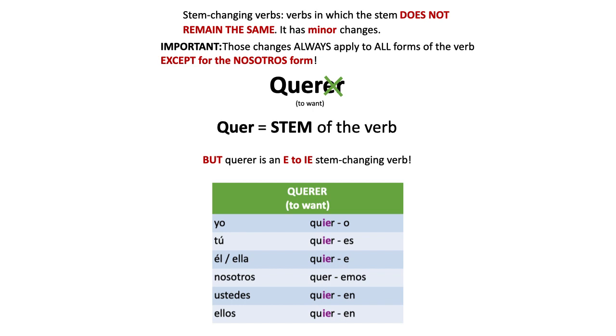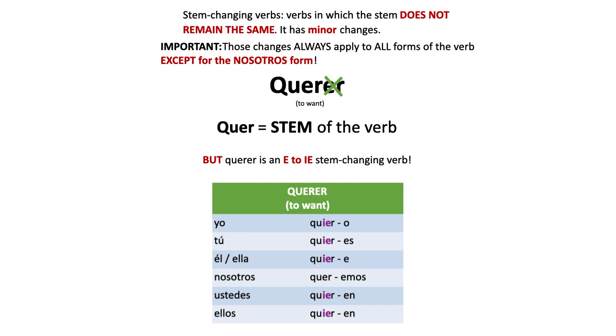Well, what am I doing? That exactly. In the yo form, for example, which is quiero, right? QUIERO, quiero. What I am doing is writing the stem with the minor change of taking that E and changing it for an IE, right?